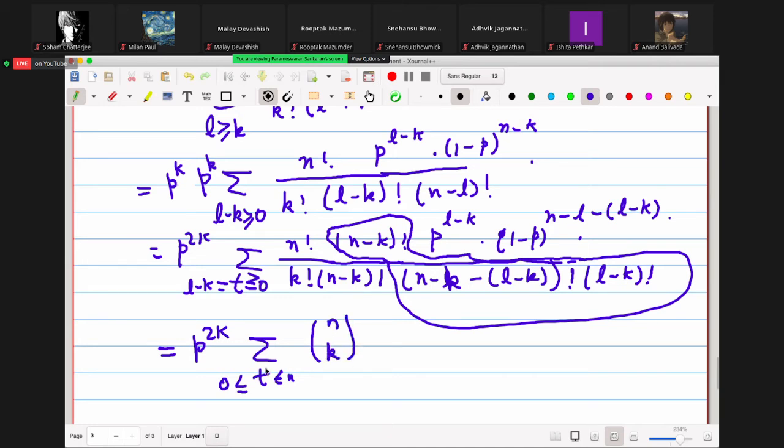That is actually a constant with respect to the term. This doesn't change. And this one, n minus k, choose t, and then write it as p power t and q power, so 1 minus p power whatever, q minus t, no?